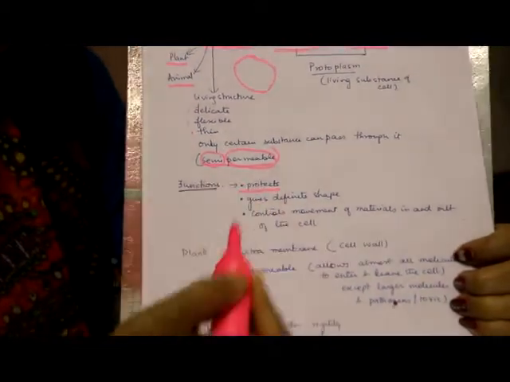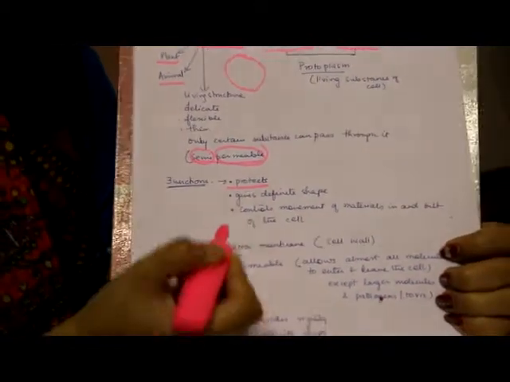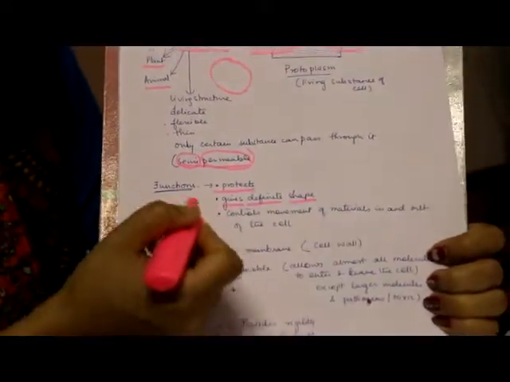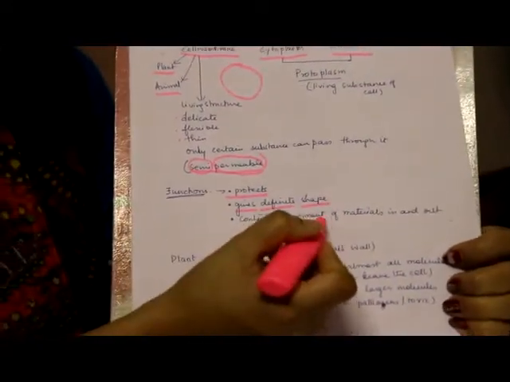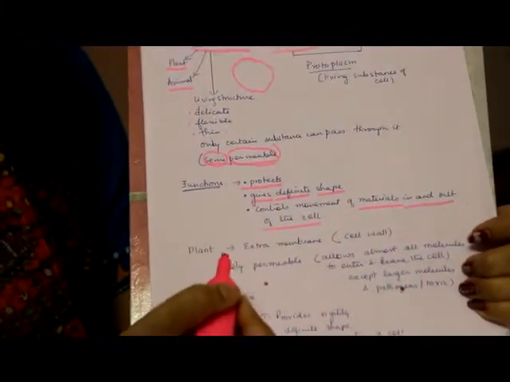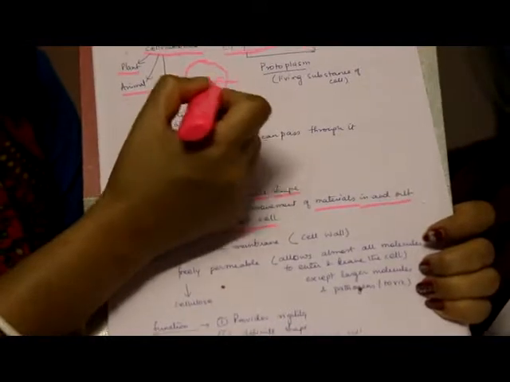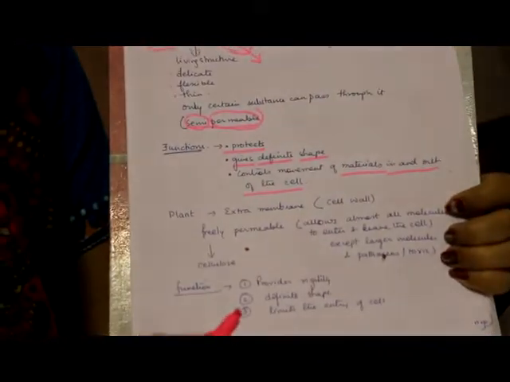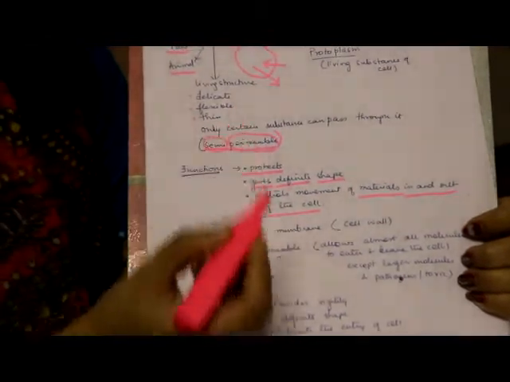It gives a definite shape to the cell, and it also controls the movement of materials in and out of the cell. Anything can leave or enter the cell.